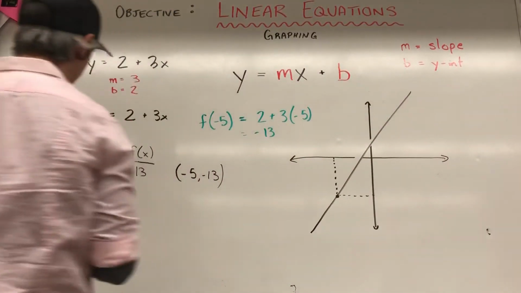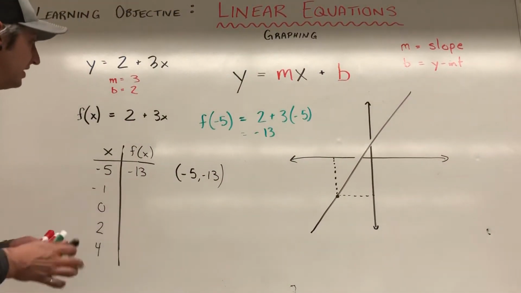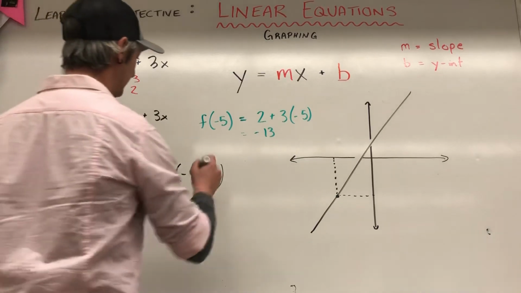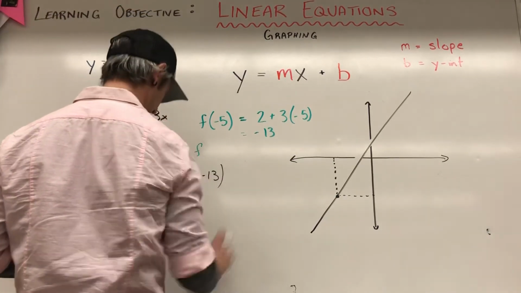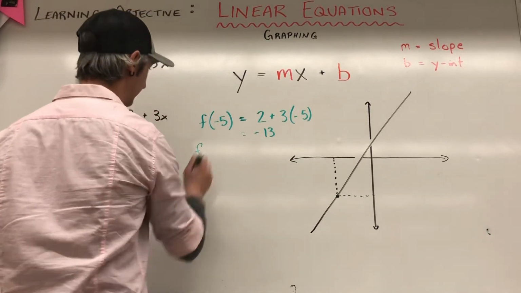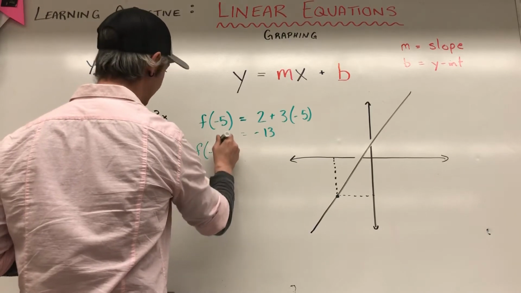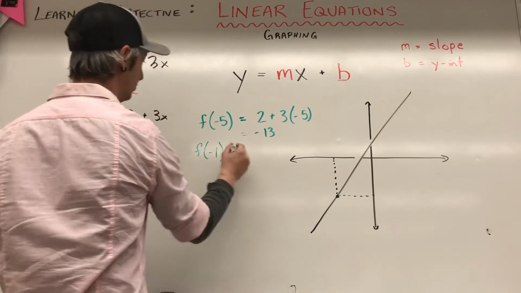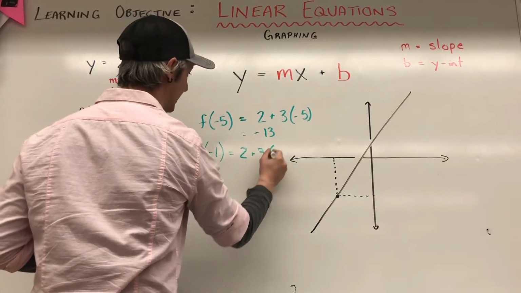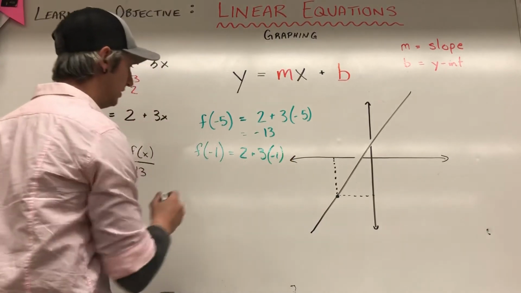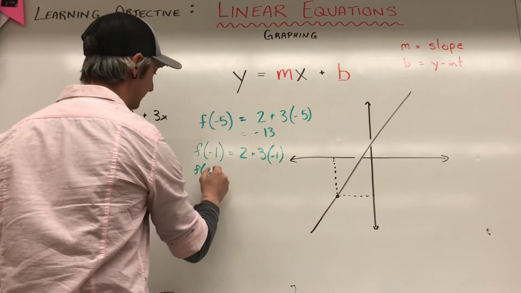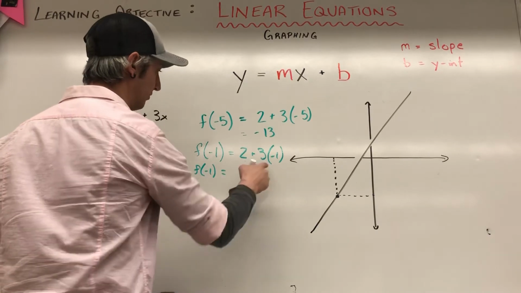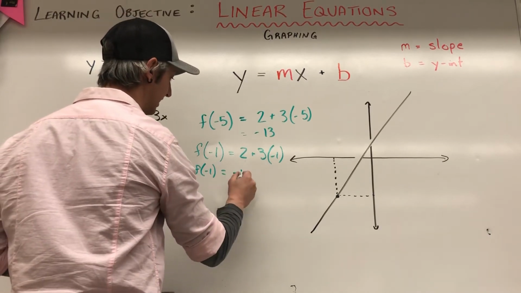Let's figure out what my output is when my input's -1. So my function output when my input is -1 is 2 plus 3 times my input, which is -1. 3 times -1 is -3, plus 2 is -1.